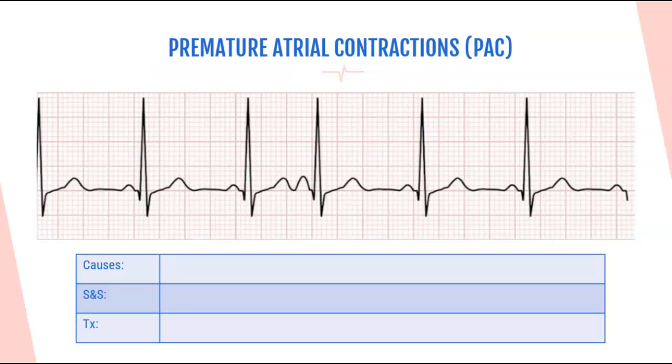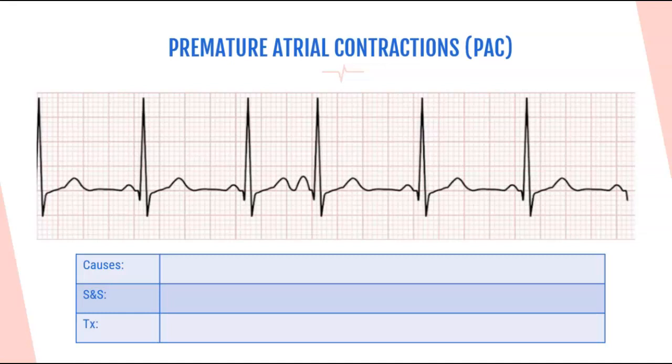Causes of PACs can include stress, fatigue, anxiety, inflammation, infection, caffeine, nicotine, alcohol, and medications like epinephrine, amphetamines, or digoxin. It can also be caused by myocardial ischemia, hypermetabolic states, and electrolyte imbalances. Signs and symptoms include heart palpitations, but oftentimes PACs are unnoticeable.